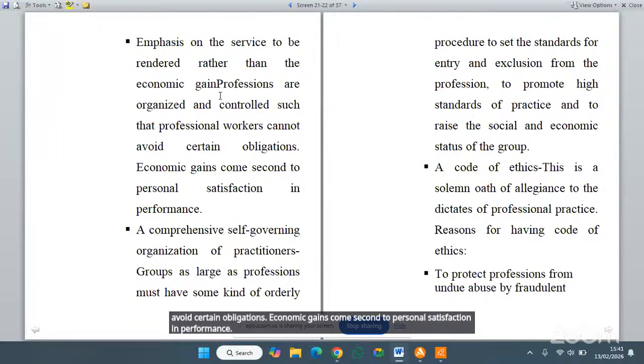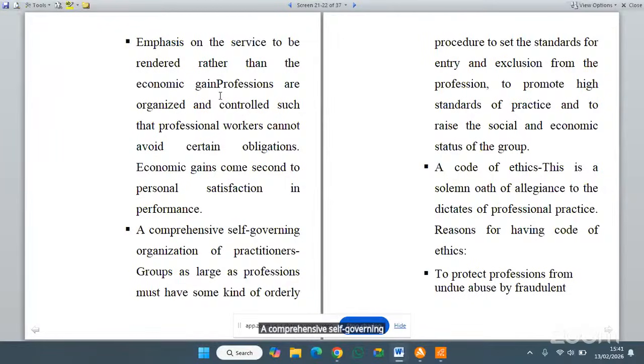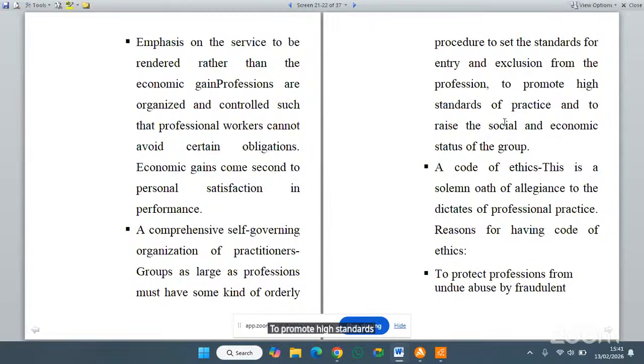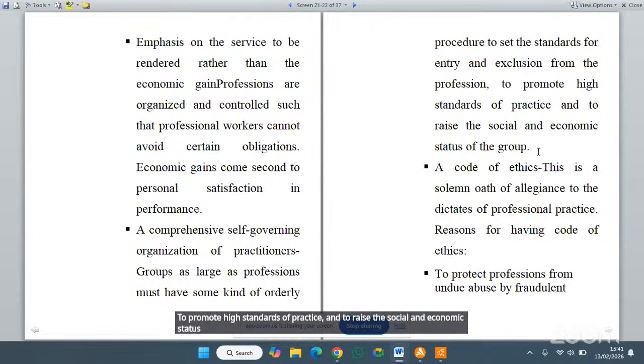A comprehensive self-governing organization of practitioners. Groups as large as professions must have some kind of orderly procedure to set the standards for entry and exclusion from the profession, to promote high standards of practice, and to raise the social and economic status of the group.